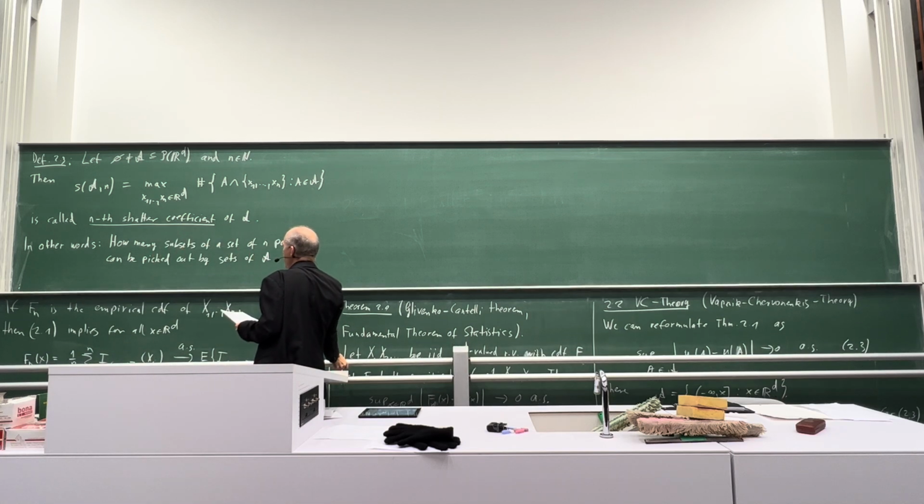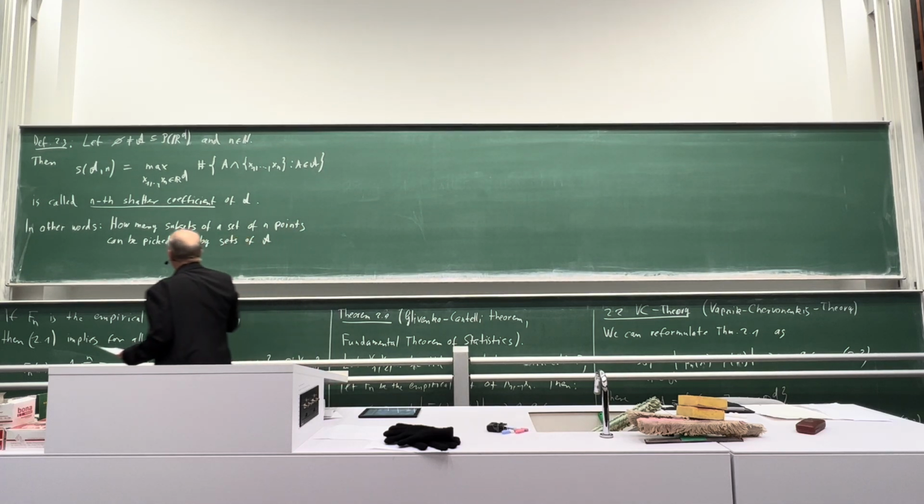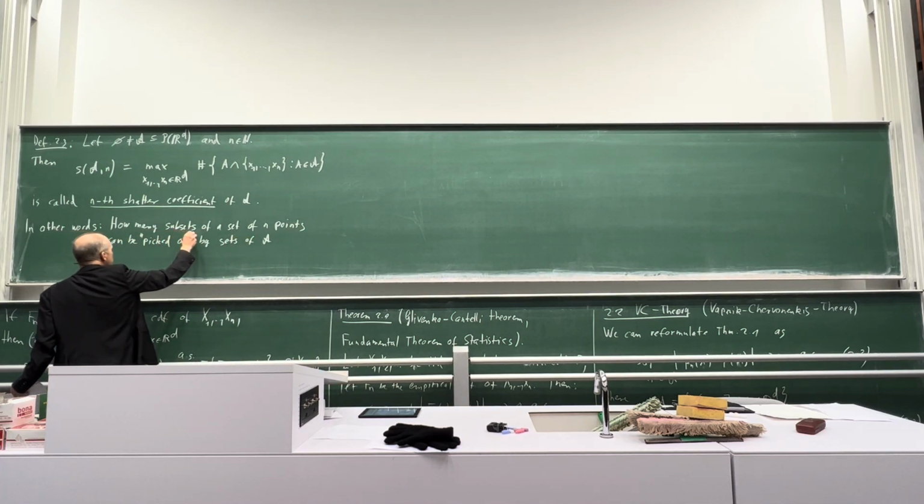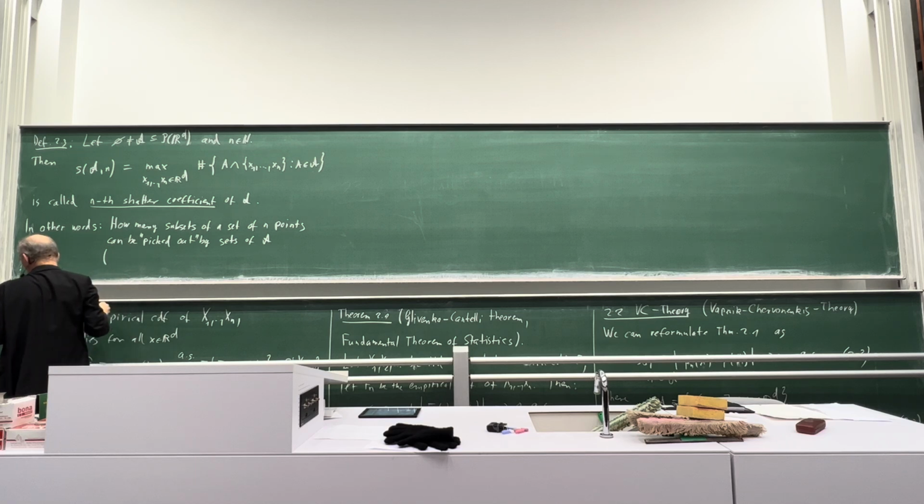And picked out means by intersecting the sets with the n points.